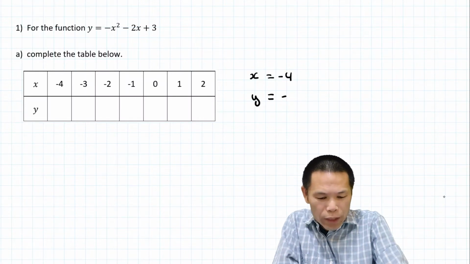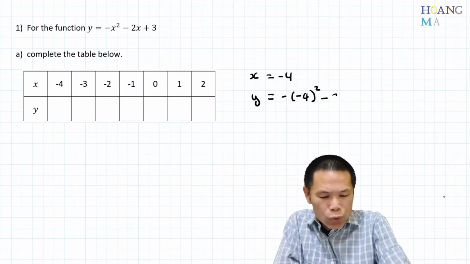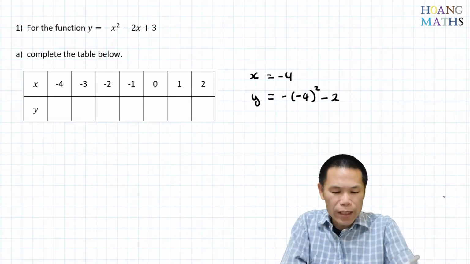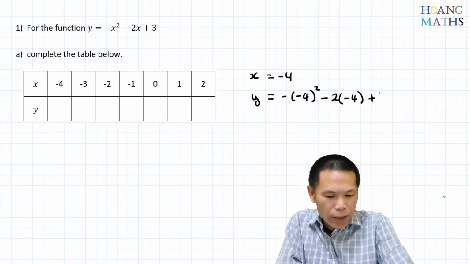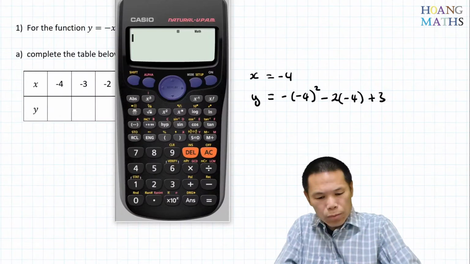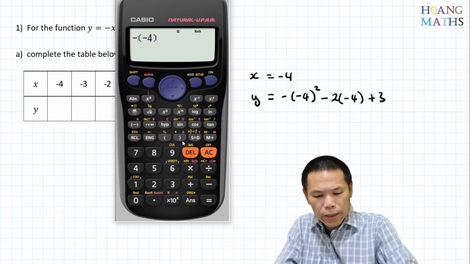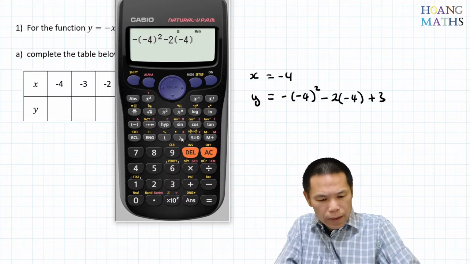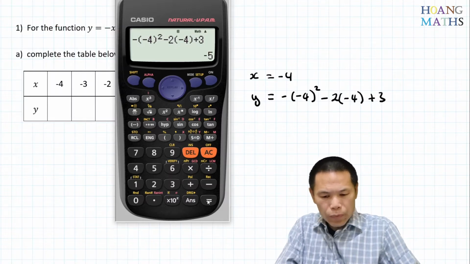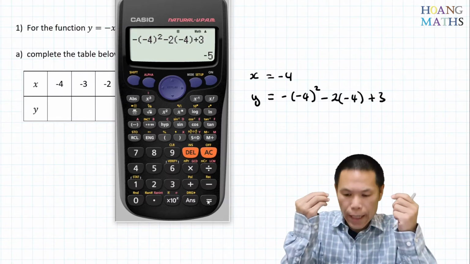Therefore, that will give me negative 4 squared, and minus 2 lots of x, which is negative 4. So we just put brackets, okay? Negative bracket, negative 4, close bracket, squared, and then we minus 2 lots of negative 4, in brackets, plus 3. So there you go. The answer is negative 5.